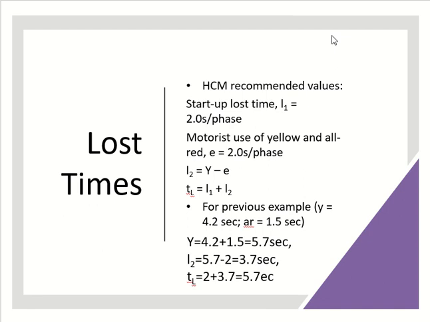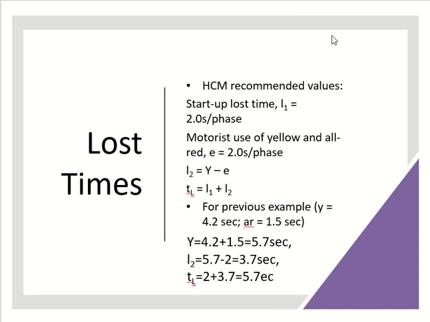Now if I want to find out the total lost time, I'll add the startup lost time to it. This is the clearance lost time. If you want the total, you will have the startup lost time added. You can add your local value. If you don't have it, then you will use a standard value, which is 2 seconds. So this will give you total lost time.